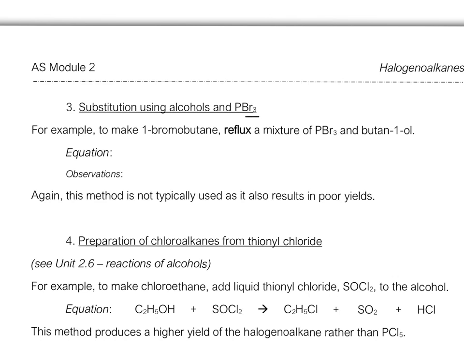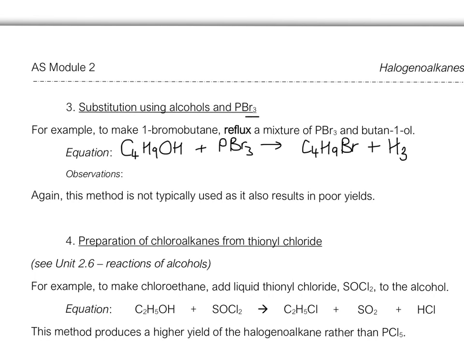So again, sticking with our bromobutane example, we take our corresponding alcohol, which is butanol, plus our PBr3, which react to give us our bromobutane, plus phosphorus acid.